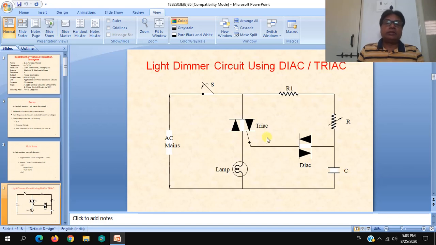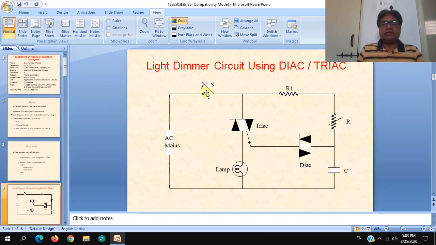It is connected in series with the load, and according to the requirement, by making the required changes with the regulator or knob sort of thing, just as in the case of a fan, or here it is shown as a switch, it will be controlling the brightness of the light.